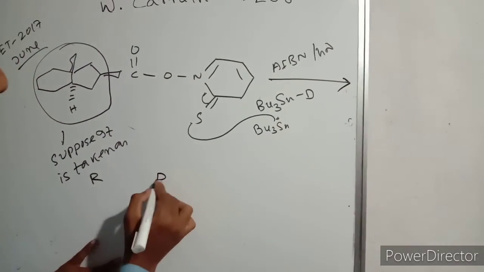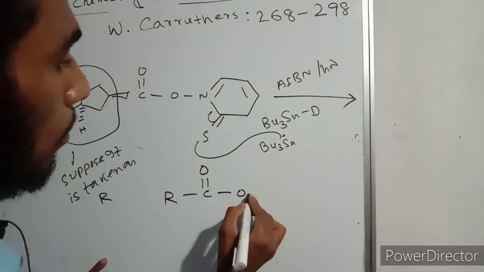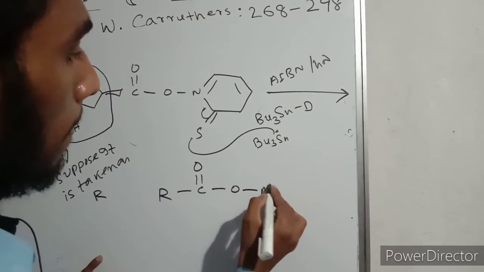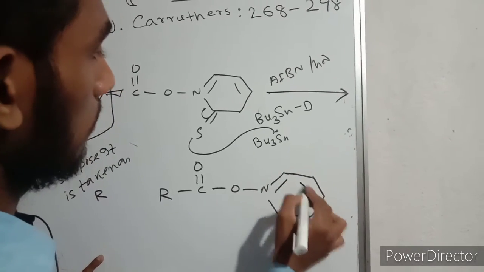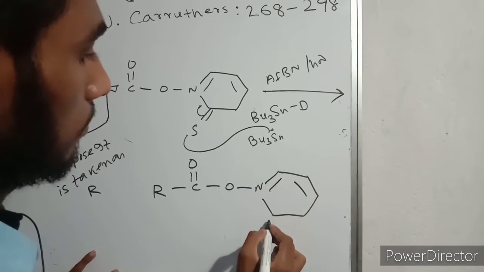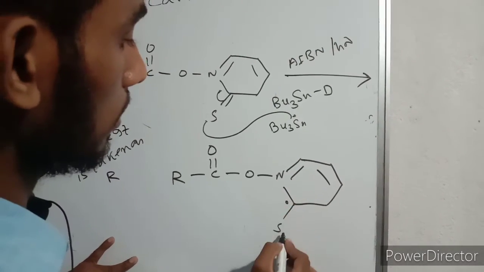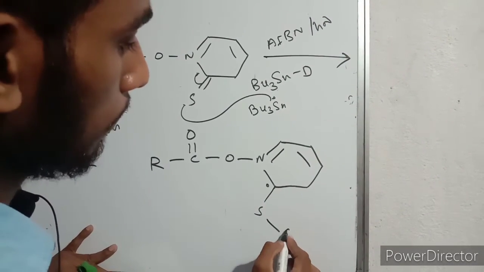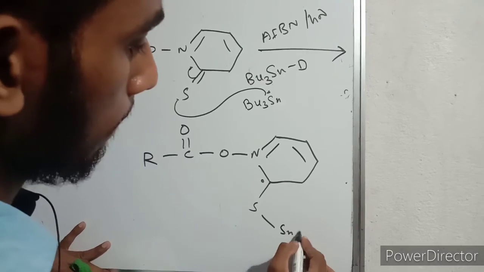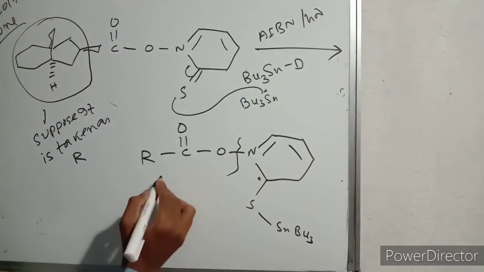Suppose it is R C double bond O O. This carbon creates a negative charge, then this carbon will fall here, and this oxygen gets a negative charge.